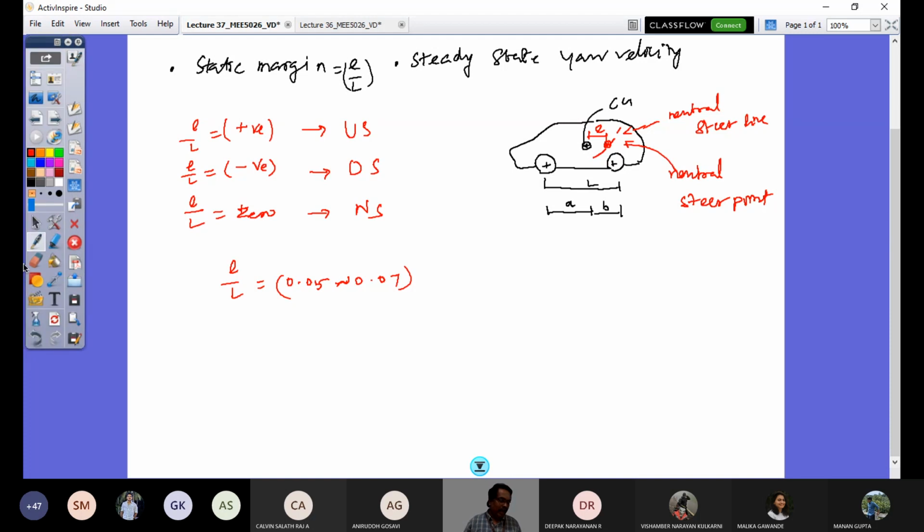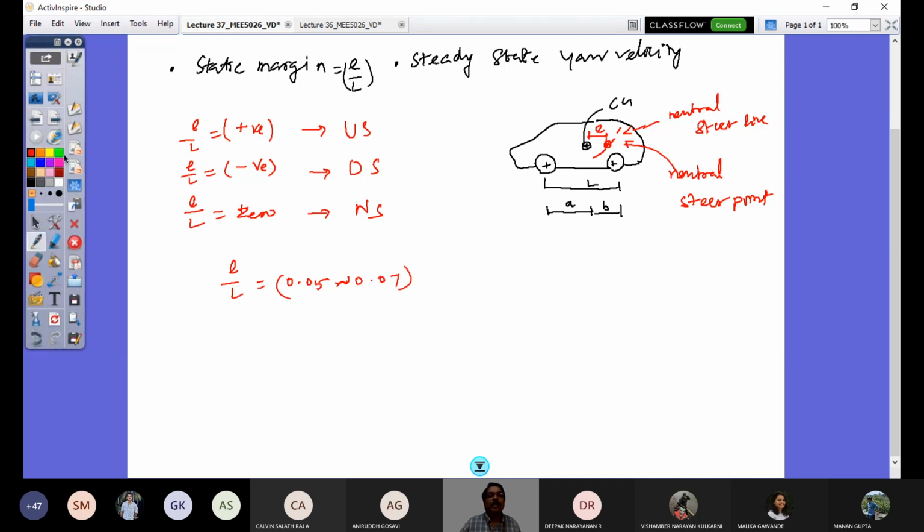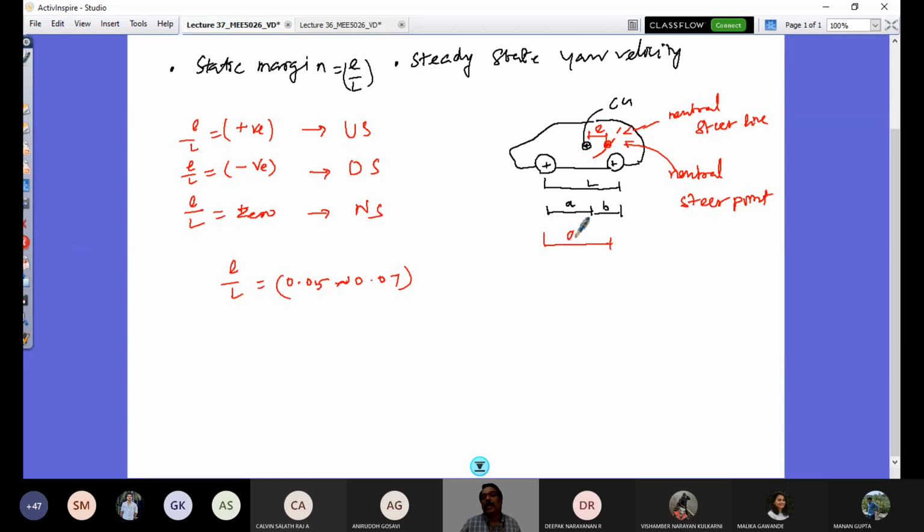Beforehand, you can derive this expression of E by L as this. What you have to consider is where this E position is located. Let us say it is at a distance A subscript N from the front axle. A subscript N refers to the neutral steer point position from the front axle.